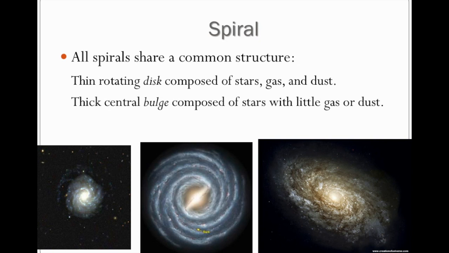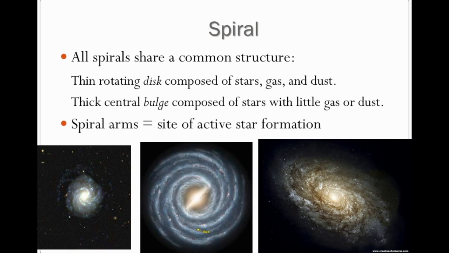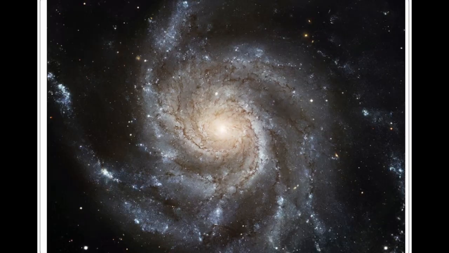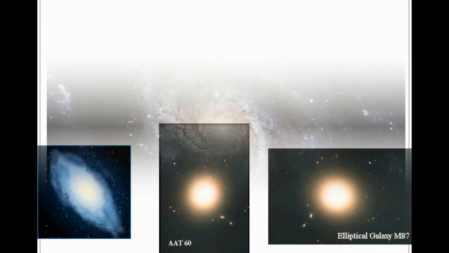And then around that, they have a disk of spiral arms that have a lot of gas and dust, and there's new star formation going on in those arms. So again, the spiral arms is where stars are actively being formed. An example here is a barred spiral. We can kind of see the bar going across the middle of the galaxy. This is a more classic pinwheel galaxy.